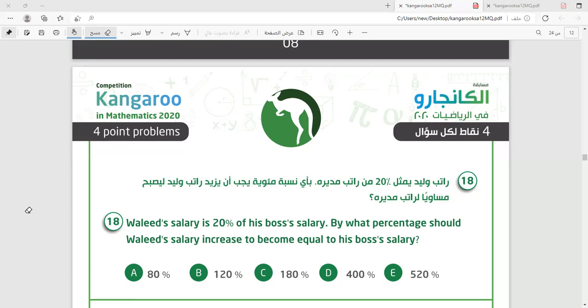So it's going to be 80%. Now it's 80%, which is the final answer from 100 minus 20.